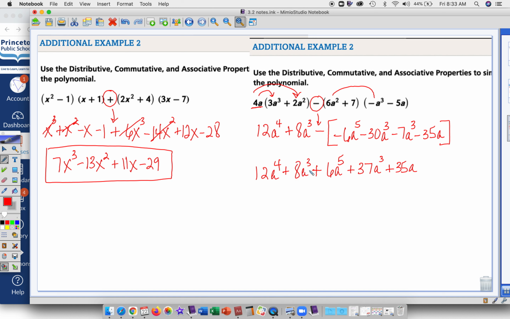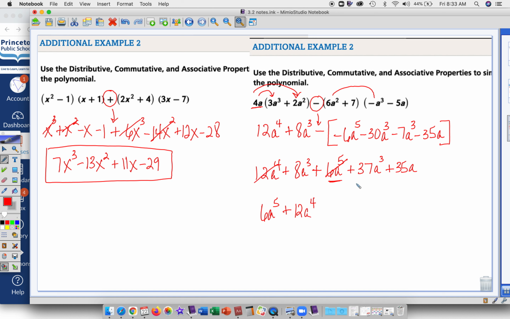8a cubed, and let's put this in standard order. So our first term, here it is, right, the one with the highest exponent. So we have 6a to the 5th. Okay, done with that. Then a 12a to the 4th. Done with that.